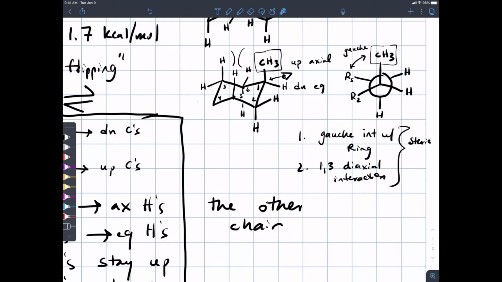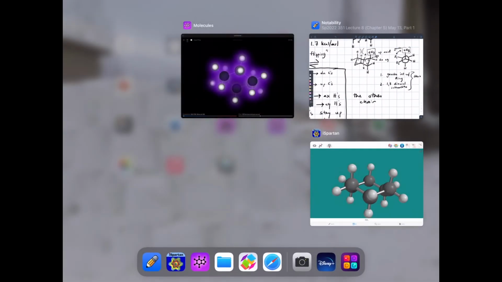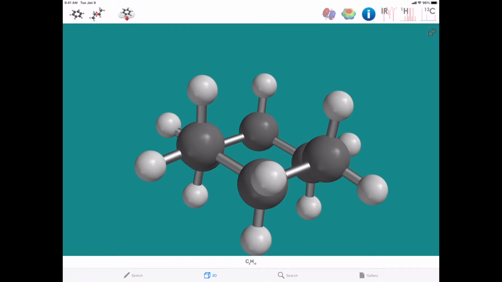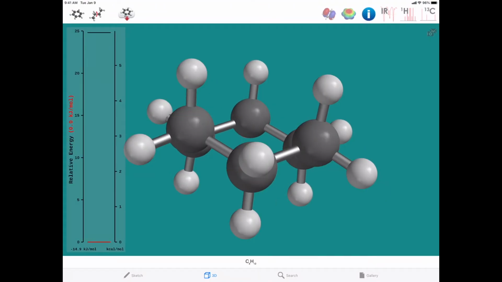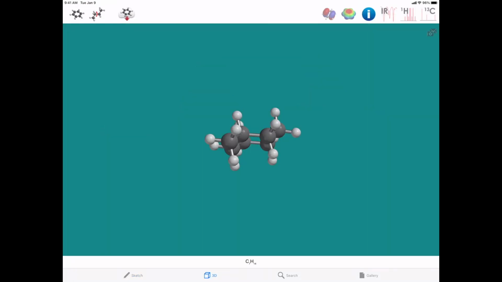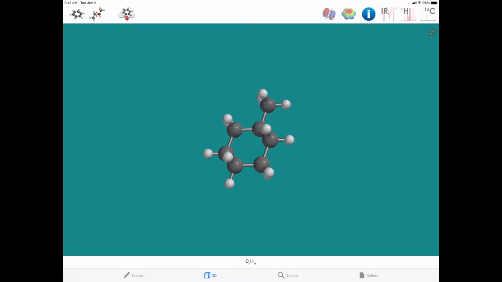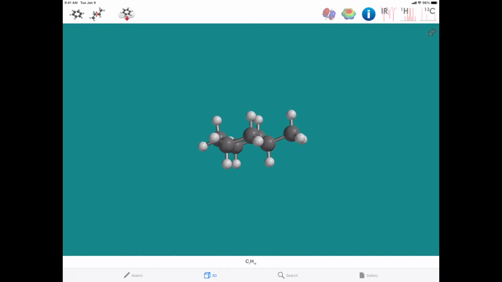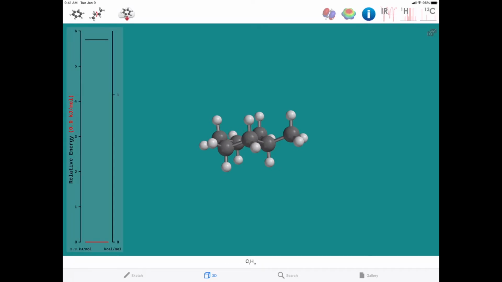Okay, so let's illustrate that again with Spartan. Actually, we want to go here, and we're going to add a methyl group. And it automatically chooses the equatorial conformation. Here they're setting the equatorial conformation at 0 kilocalories per mole.